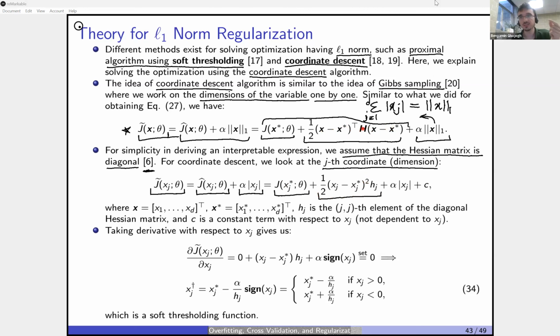H, we assume that it's diagonal, therefore we can consider only hj, right? If we wouldn't assume H to be diagonal, then it wouldn't be like this. It would be more complicated. Then the jth element here is this. And by the way, this C is just the rest of the Taylor series approximation, which we ignore. Okay.